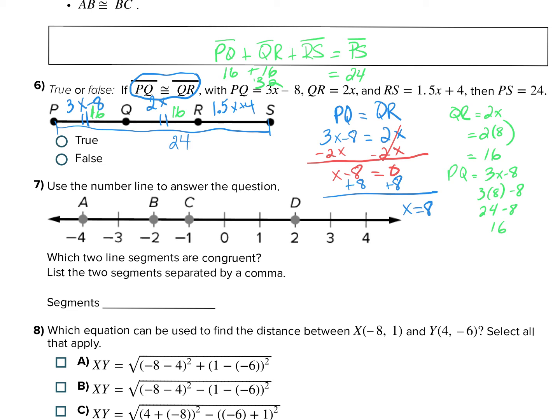And that is more than 24. So I don't even have to find out what RS is. If I plug it in, 1.5 times 8 plus 4, I do actually get 16. But again, when I add 16 plus 16 plus 16, it's more than 24. So number 6, the answer is false.